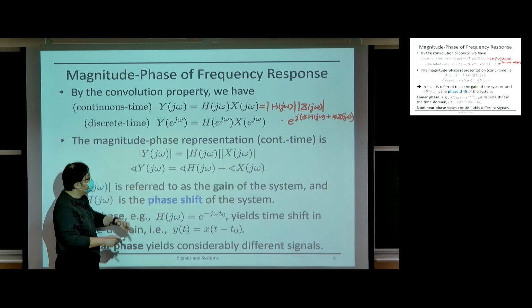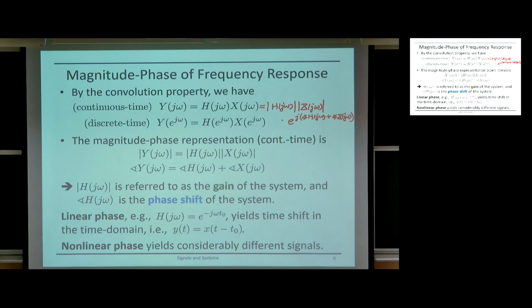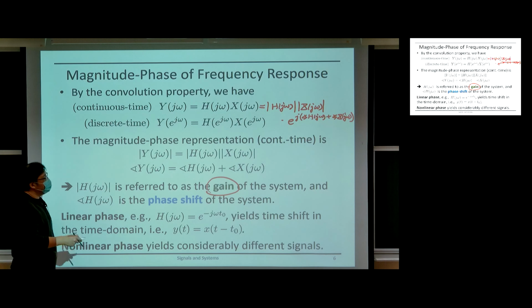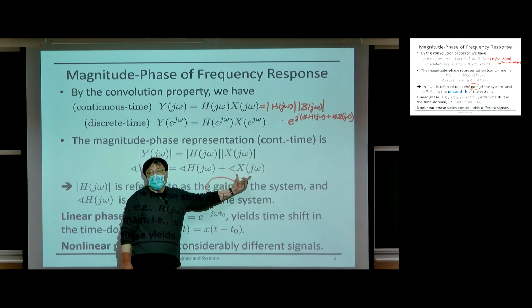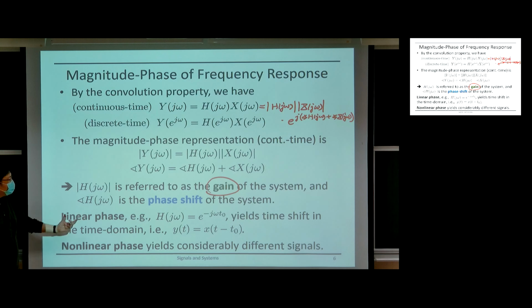So this magnitude of a frequency response is referred to as the gain of the system. Because it tells you how much you should magnify this particular frequency component of x. Okay? And suppose that your original signal already has a certain phase, then when passed through the system, it imposes additional phase depending on the frequency response. And therefore, this is called the phase shift of the system.